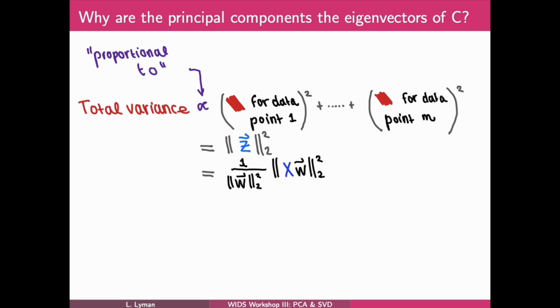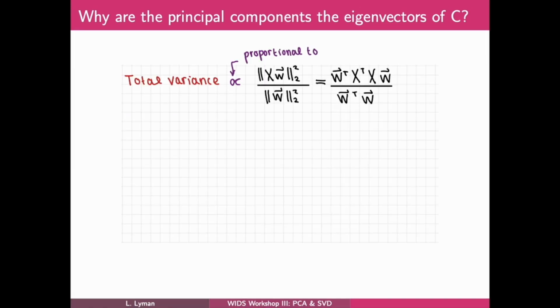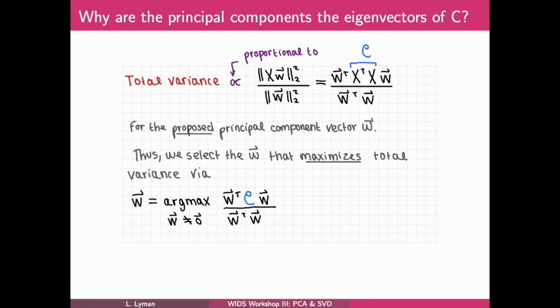However, we know from the definition of the 2 norm that this fraction is precisely w transpose times X transpose X times w, all in the numerator, which immediately indicates that our matrix C is popping up.